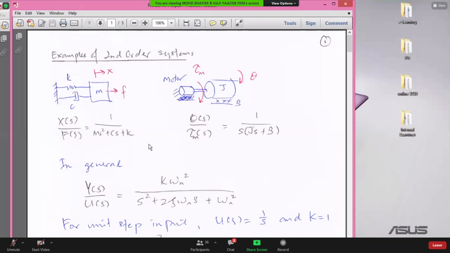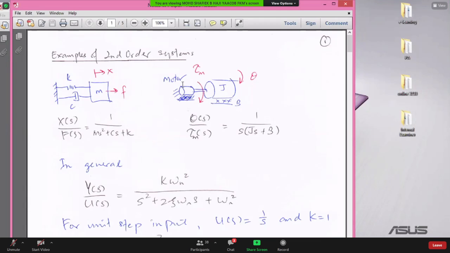Okay, so for example, when you want to turn some inertia, for example a robotic arm using a torque, there is going to be a second order relationship as well because of Newton's second law. This is the second order relationship between torque and theta.